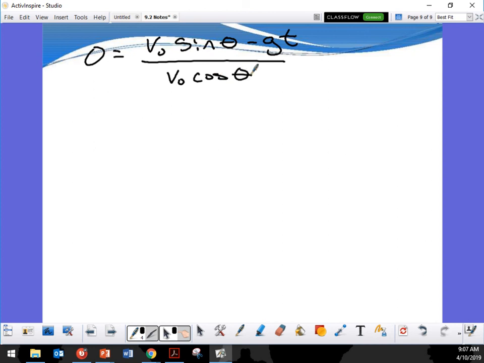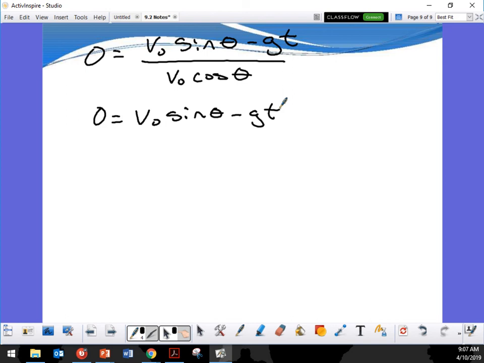Okay, so what's going to happen here? So I'm going to get rid of my v sub naught cosine theta by multiplying both sides of the equation by that. So I'm still going to get 0 equals v sub naught sine theta minus gt, right?